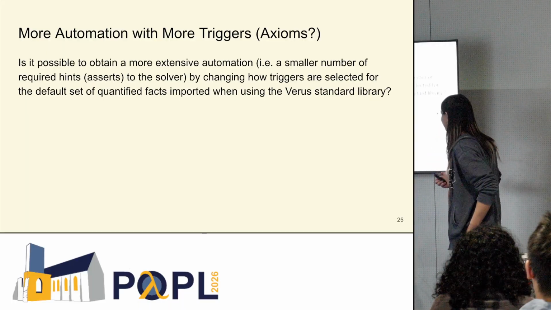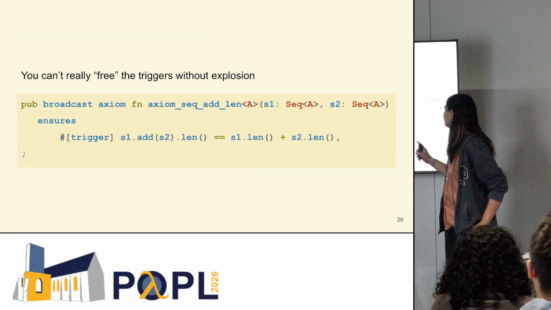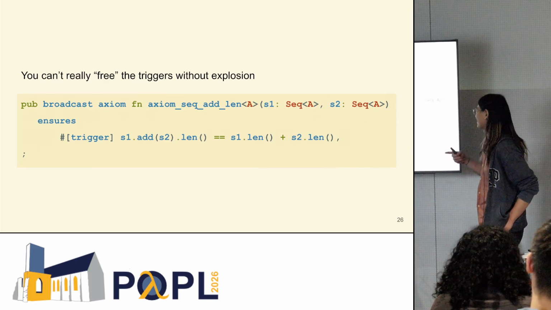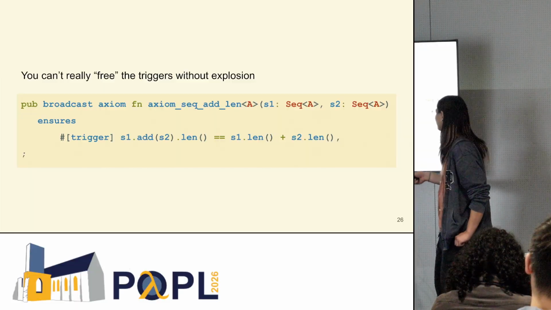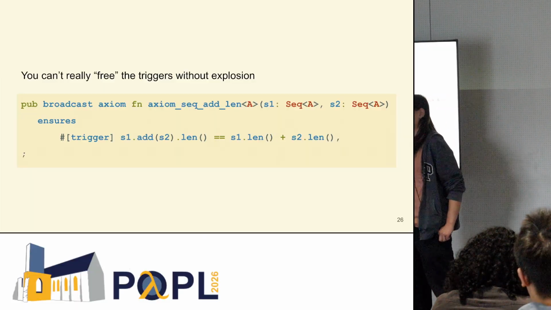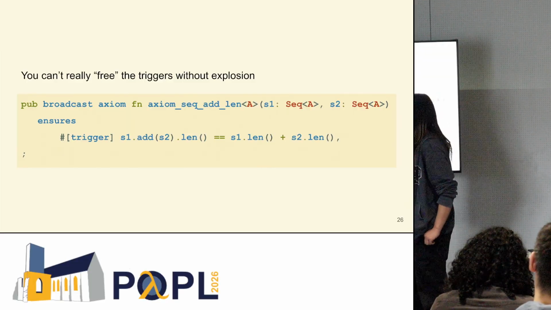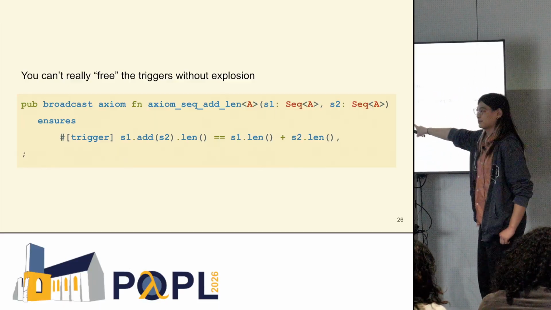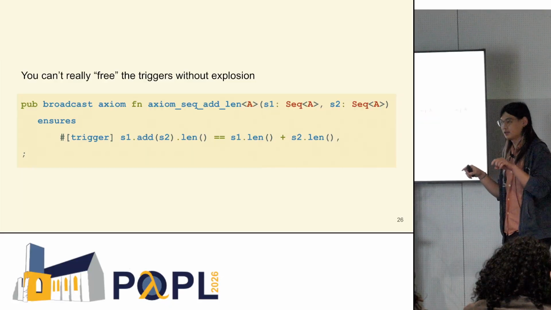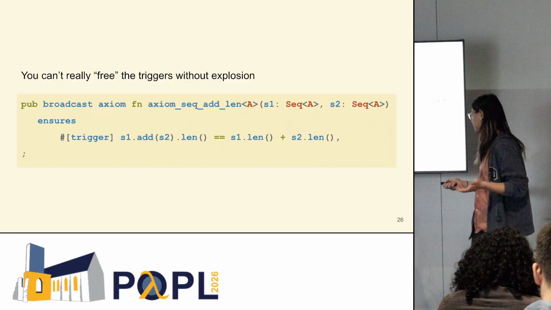And the answer is no. You cannot free these triggers without causing an explosion in the trigger instantiation. So this S1 and S2 are just like the X and Y in the previous example. The other valid trigger groups would put a trigger on these 2 expressions. However, these will match on any 2 calls to length of a sequence, causing an explosion.